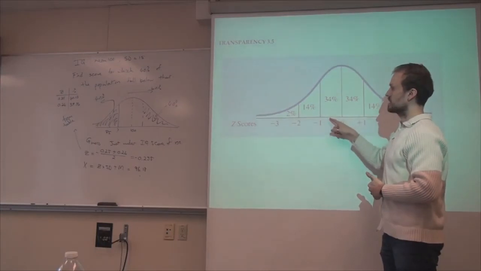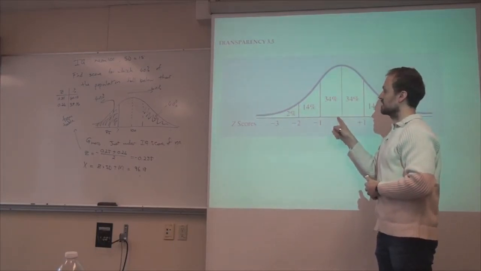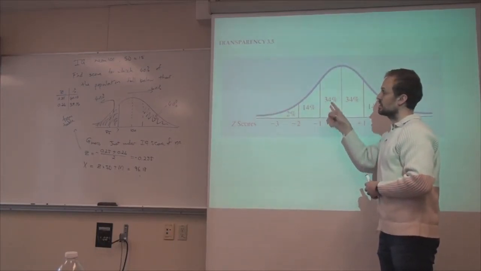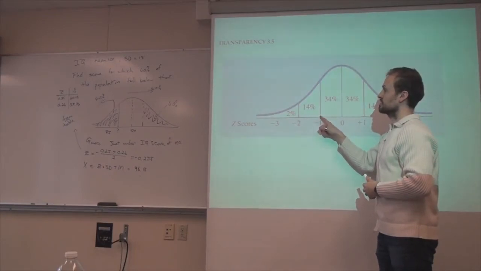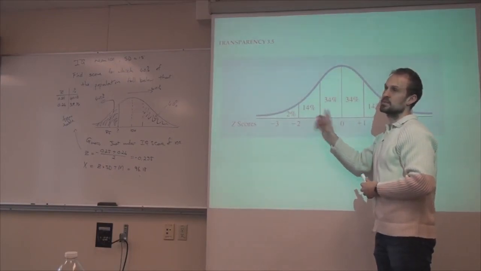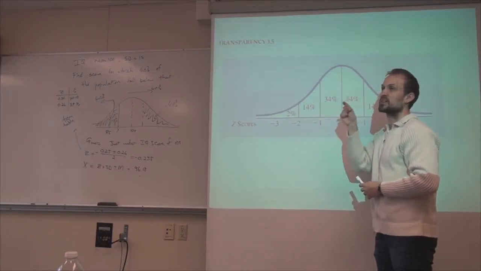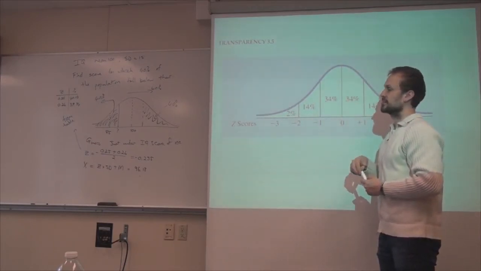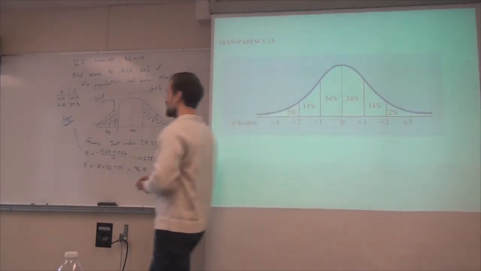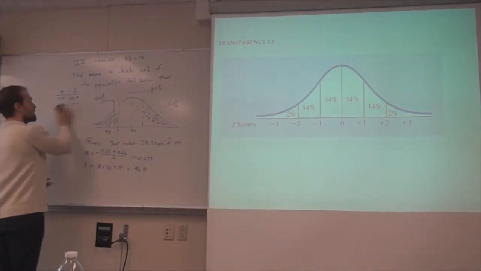So do I expect a z-score of negative 0 point something, or do I expect a z-score of negative 1 point something? Then at least I know what to expect. And it's just the something that I'm looking for. Yeah. So it helps me to guess a little more accurately.